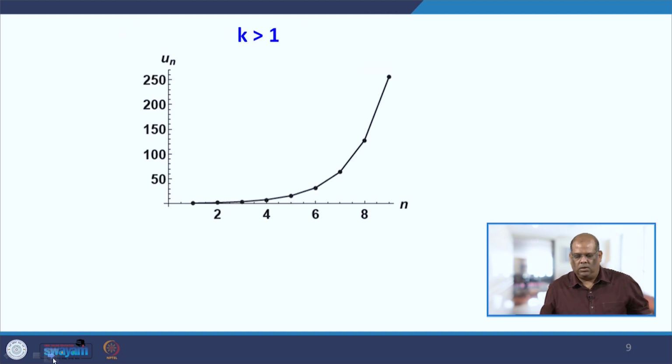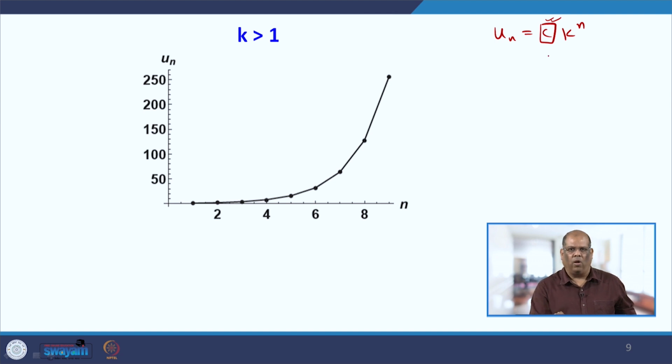So, suppose k is greater than 1. If your k is greater than 1, you have this un equal to some c times k to the power n. You will get a solution like this. Now, what is the conclusion from this solution? Obviously, you put some arbitrary value of c or some conditions will be given from where you will get this value of c.